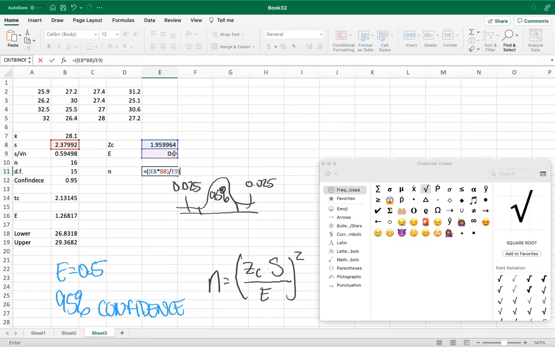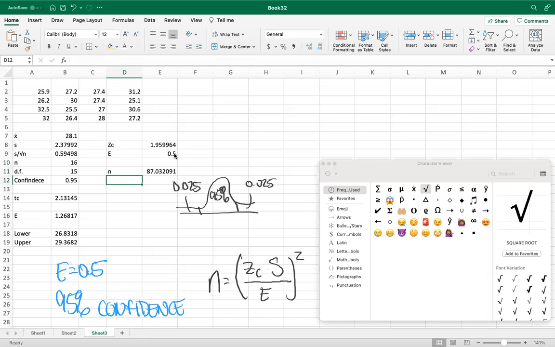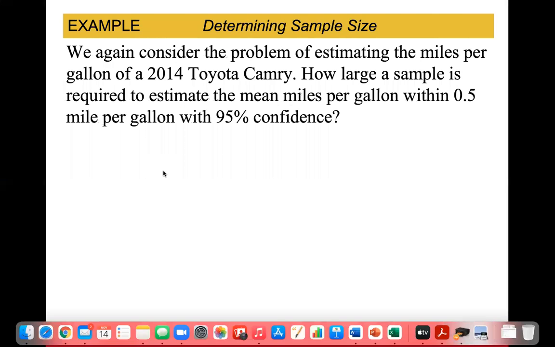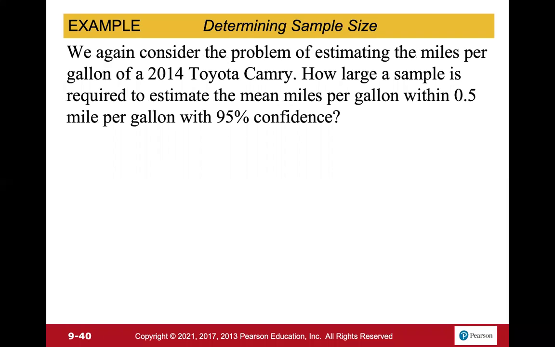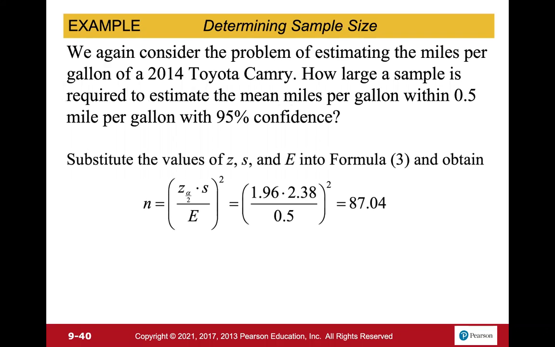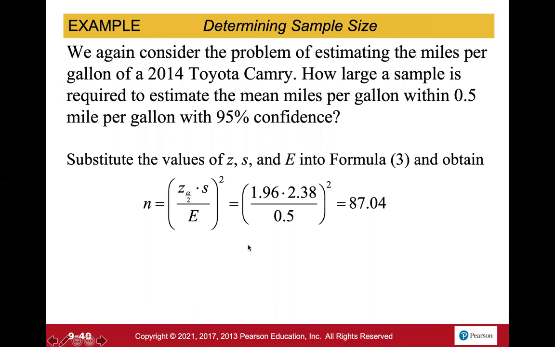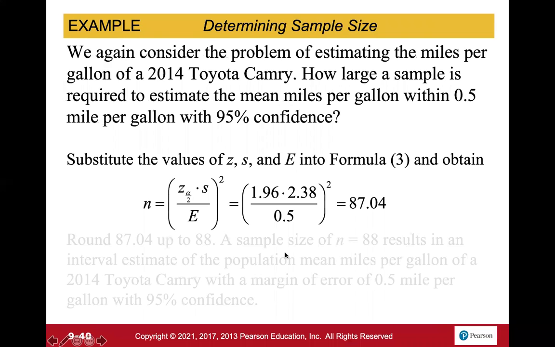Then we close the parentheses for everything and raise it all to the power of 2. So we have 87.03, and let's see what they got. They rounded up. They went a little bit different than we did, but either way, we still have that value.